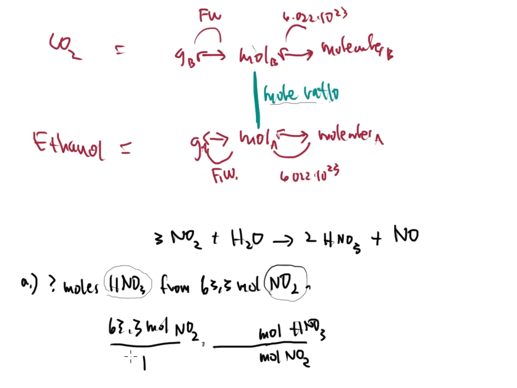Mole ratio has to happen, which means the mole ratio comes from the big numbers out in front in the equation. So mole of NO2, I need to find NO2. Right here it is, very first one in the equation. There's a big 3 out in front, so a big 3 needs to go there. And I need to relate that to HNO3. So HNO3 is right here. There's a big 2 out in front, so the big 2 goes there.